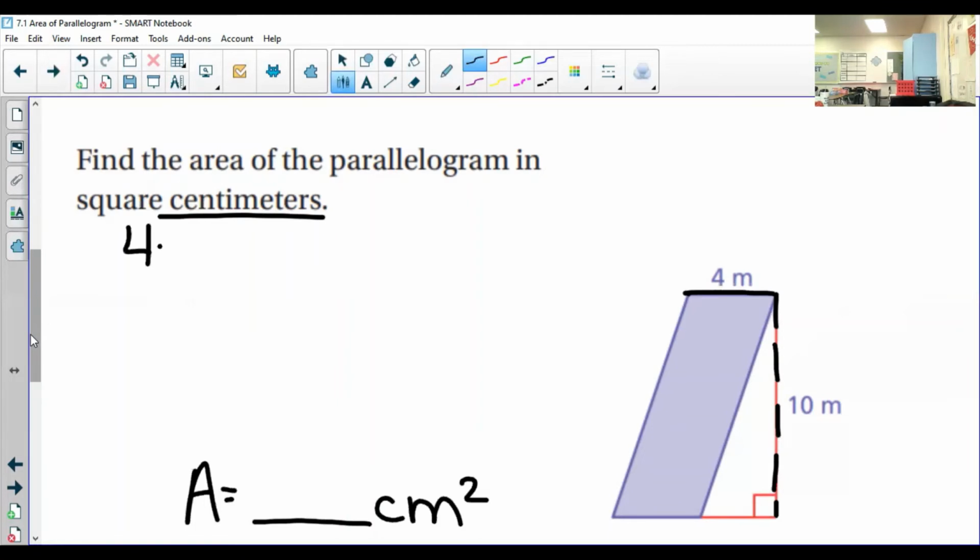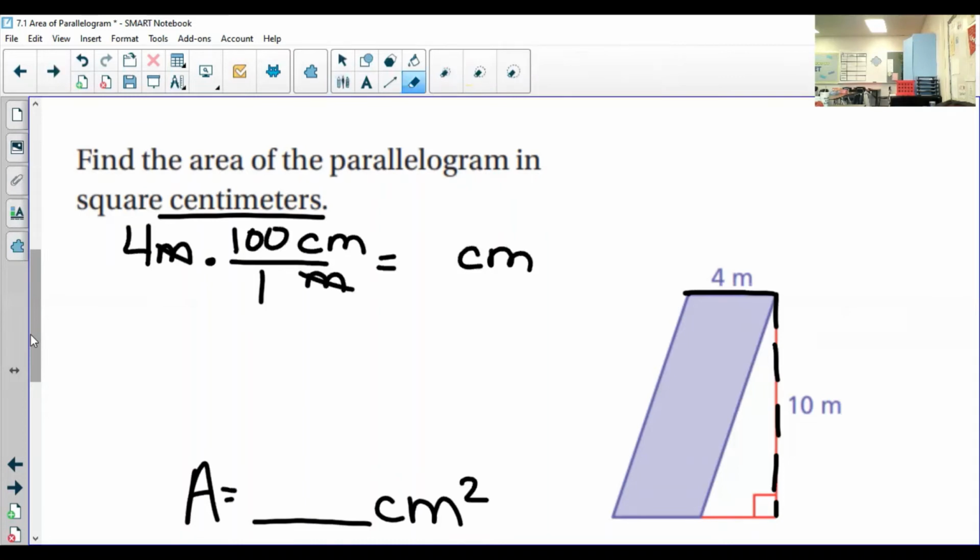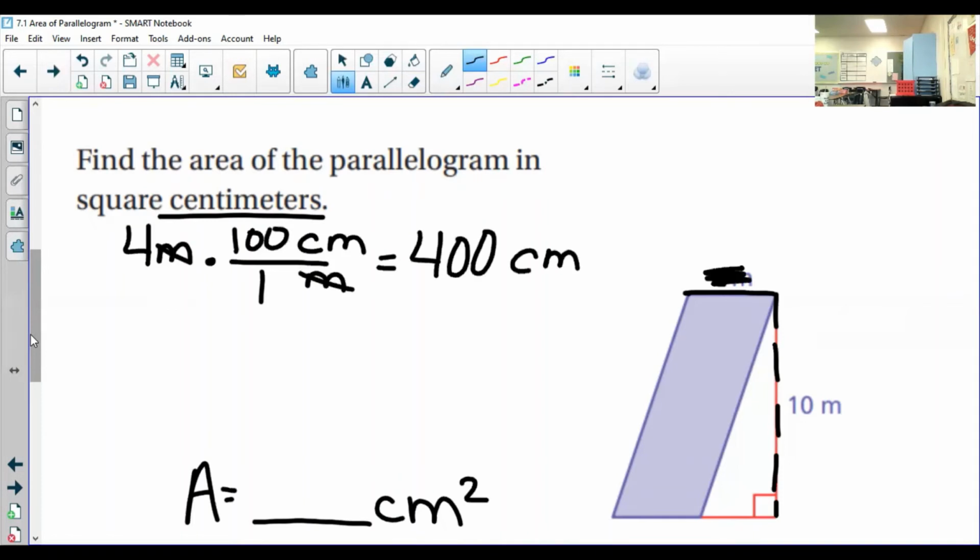We start with 4 meters, and we're going to multiply by the conversion. I'm starting with meters. I want to end up as centimeters. So let's go to our chart. Meters and centimeters, what does it say? 1 meter equals 100 centimeters, right? Yeah, okay. Meters cancel. My final answer is centimeters. What is 4 times 100? That's easy. 400. Okay, so no longer 4 meters, but 400 centimeters.